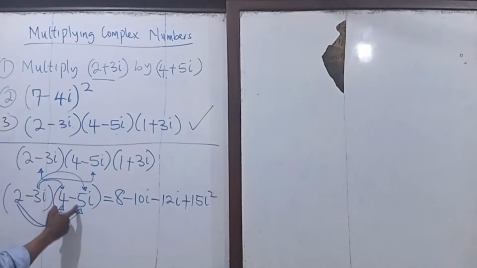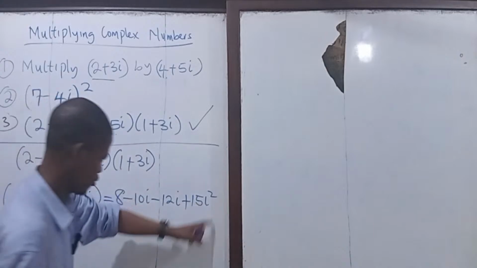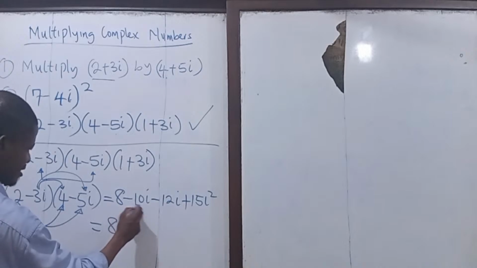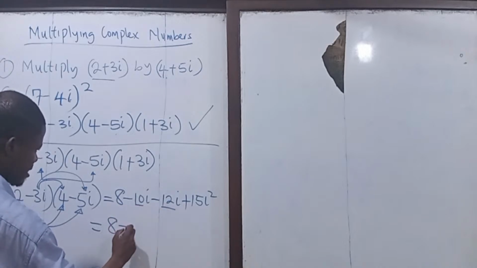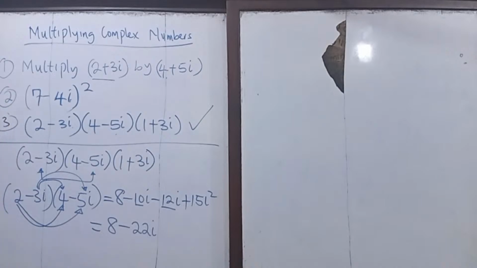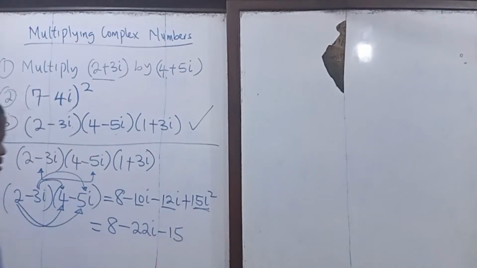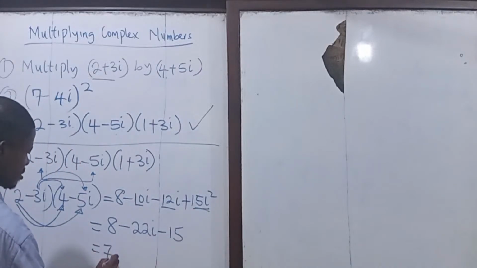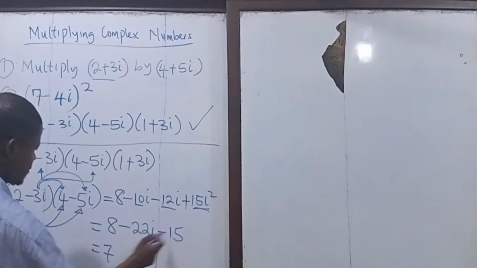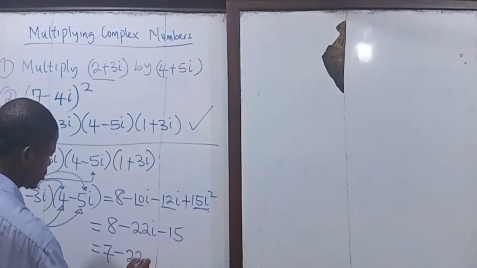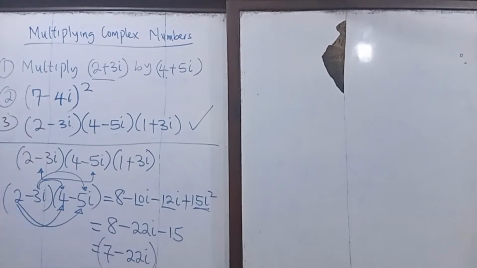Minus 3 times minus 5, that's plus 15, and then i times i, that's i squared. So that gives us 8 minus 10i minus 12i, that's minus 22i, and then plus 15i squared, which will be minus 15. So 8 minus 15, that's minus 7, minus 22i. So that's the first one.